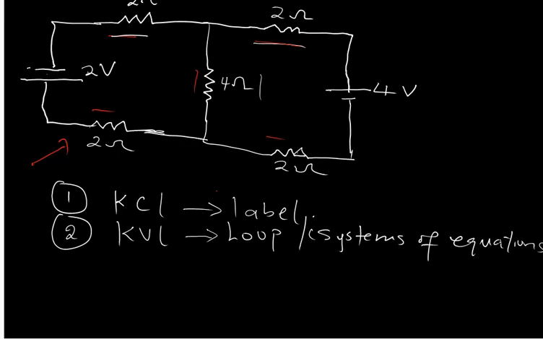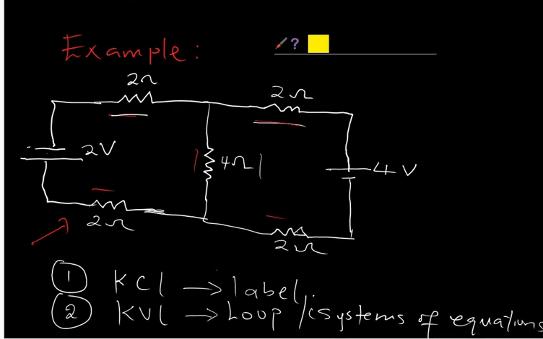For instance, if I'm being asked to find the branch current, I have more than one branch. In fact, this circuit is made up of three branches: branch one, branch two, branch three. That simply means that I will have three unknown currents, and to solve three unknown currents, I will need a system of equations made up of two equations, three equations, depending on the number of variables.